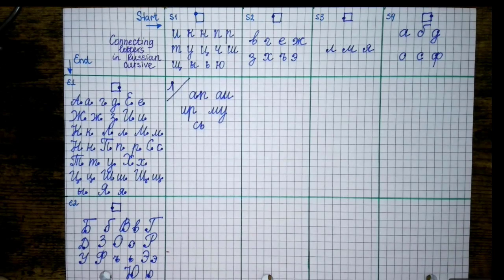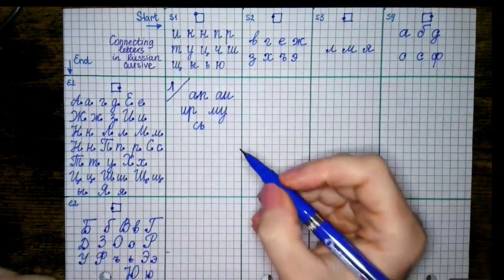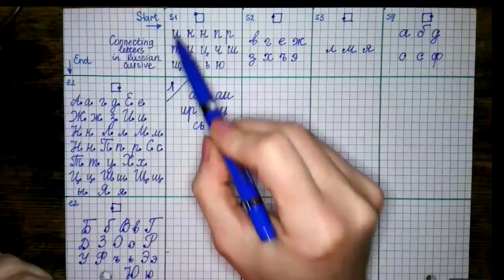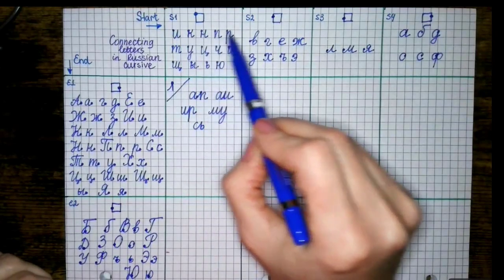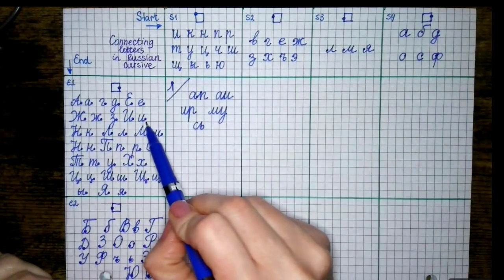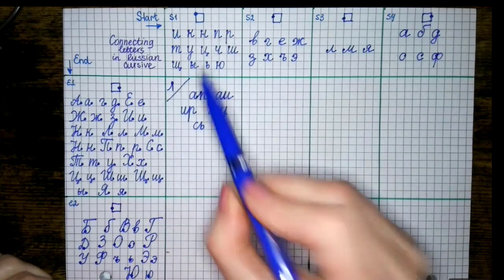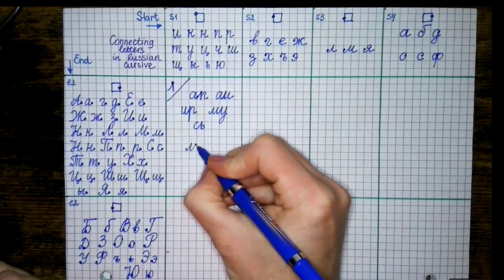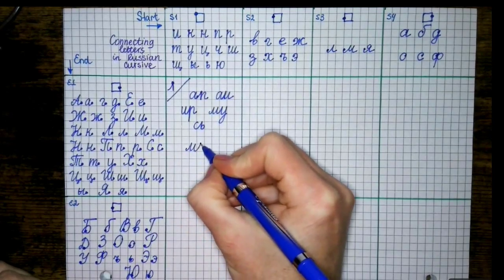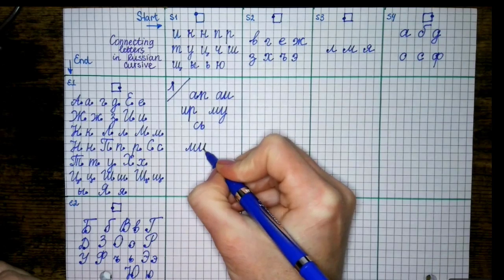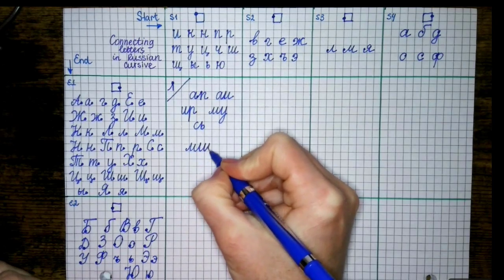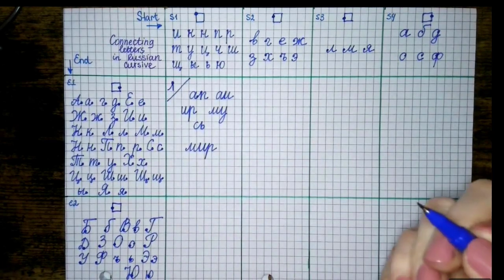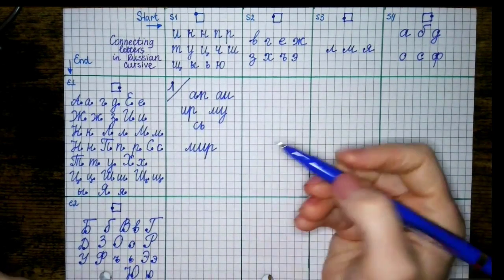How about we write some words? Let's write the word mir. That will connect the letter M with E, and the next letter will be R, and E again ends here. So we'll see the same connection twice. M ending here goes up, drops down for E. E ends here, goes up, and drops down for R. The word mir means peace.